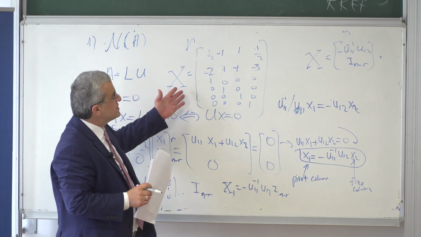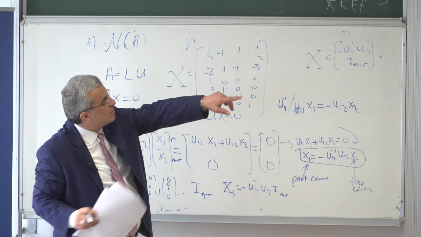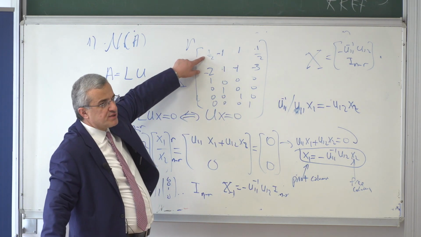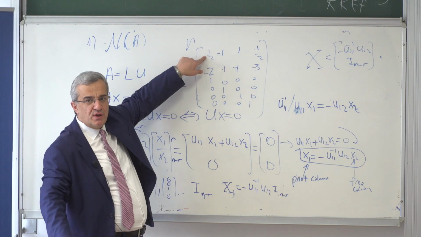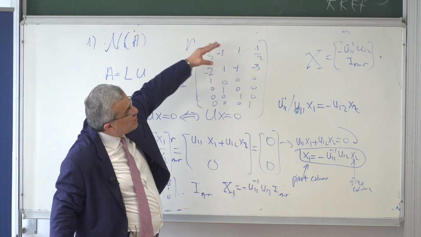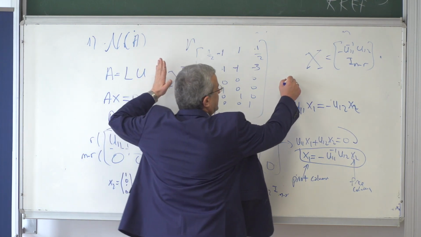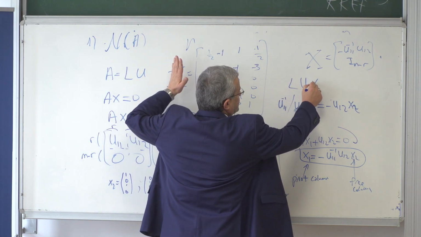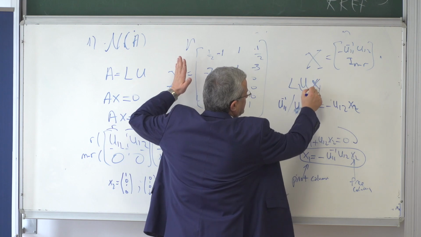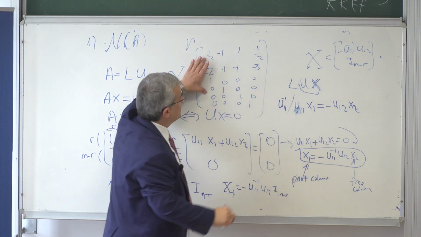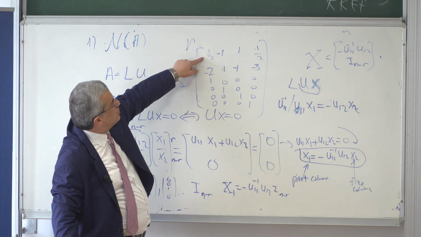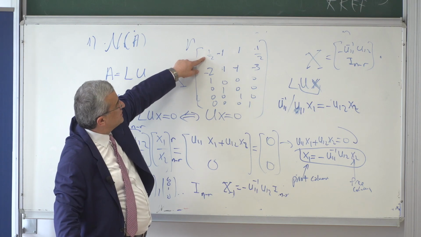Okay, now let's multiply the first row. 2 times this is what? Everybody please follow. So we are multiplying the first row of U with this column, right? This is L, U, X. Now we are doing this. Okay? So 2 times 1/2 is 1.